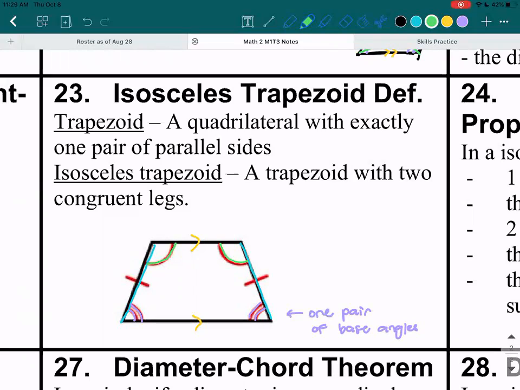Those two green angles, they are also another pair of base angles. So in total, the trapezoid will have two pairs of base angles.